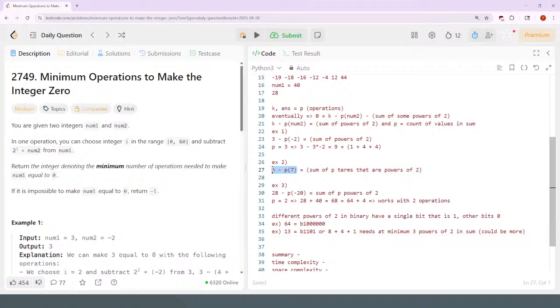So if I look at the values that the sum would have to add up to, which is the kind of linear mx plus b, where num1 is b and num2 is m, x being the number of powers of 2 in that sequence.